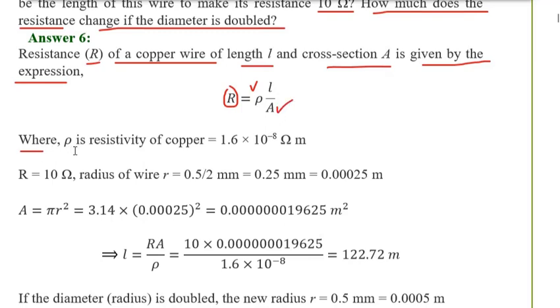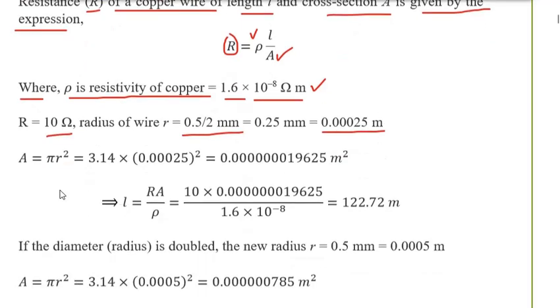So rho is 1.6 into 10 to the power minus 8 ohm meter, R equal to 10 ohm. Radius of wire is 0.5 by 2 millimeter, equal to 0.00025 meter.